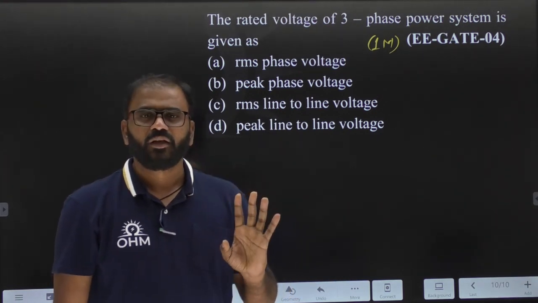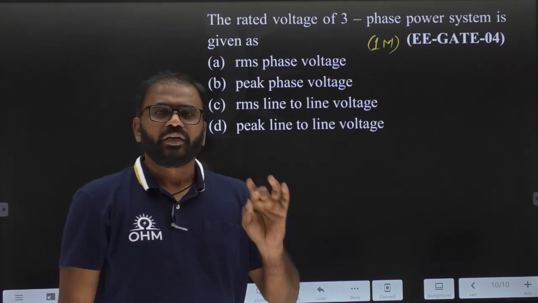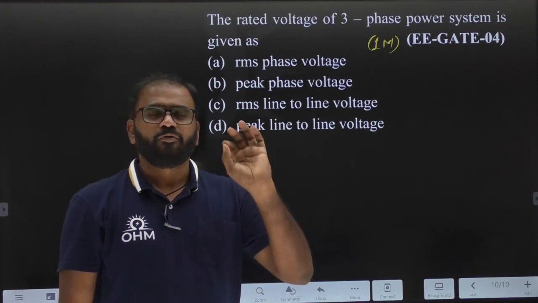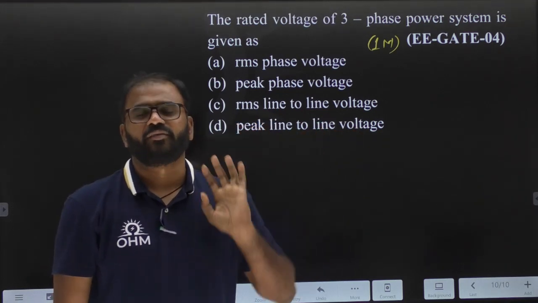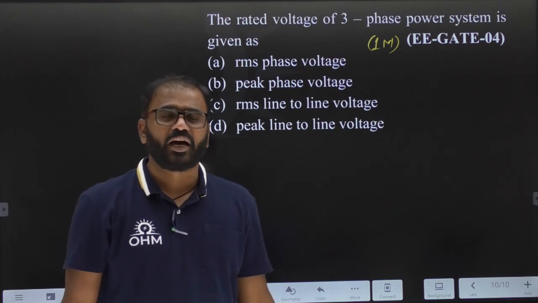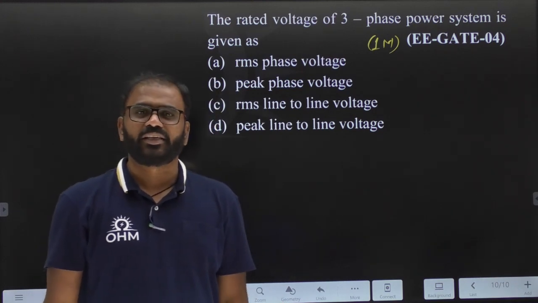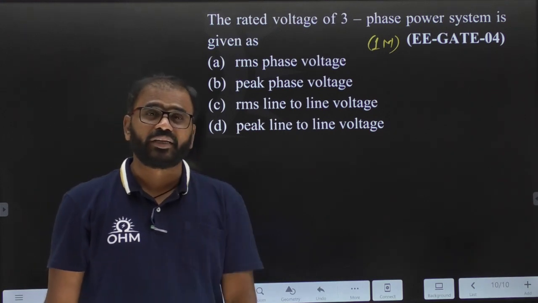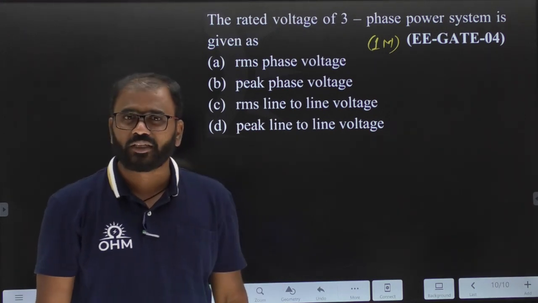For example, a question is given like this: 11 kV 3 phase 50 Hz 5 MVA transmission line. Now tell me what that 11 kV indicates. He has not mentioned whether it is RMS or peak value or instantaneous, but by default it is RMS voltage. But tell me what that 11 kV indicates, whether it is a line voltage or phase voltage.